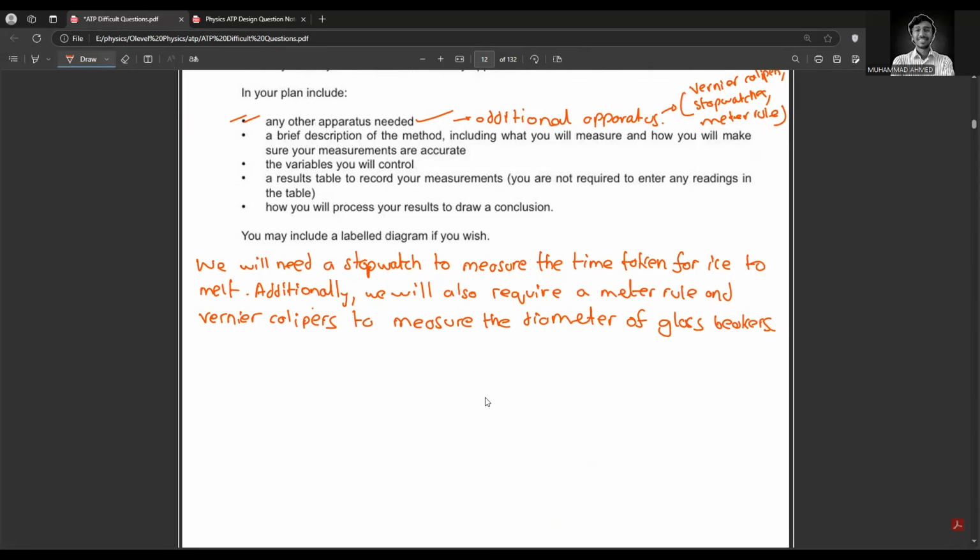A brief description of the method, including what you will measure, that is the independent and dependent variables, and how will you make sure your measurements are accurate. Perfect.